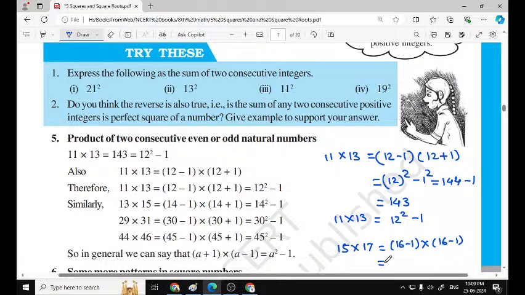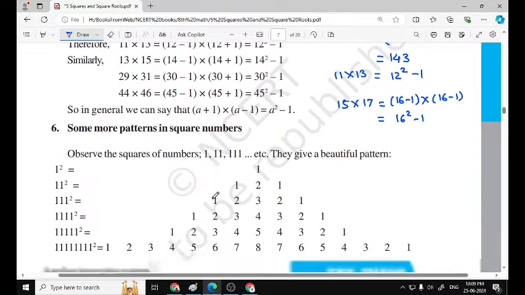So this product is 16 square minus 1 square, which is actually 1. So this is 256 minus 1, that is 255. So if we find out 15 into 17, the answer will be 255. And you can check it for another pair of consecutive odd numbers.